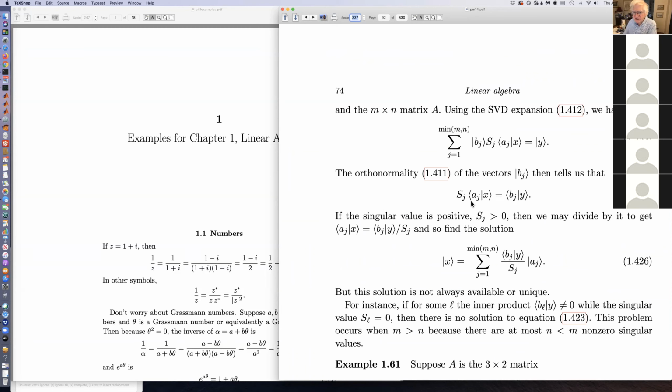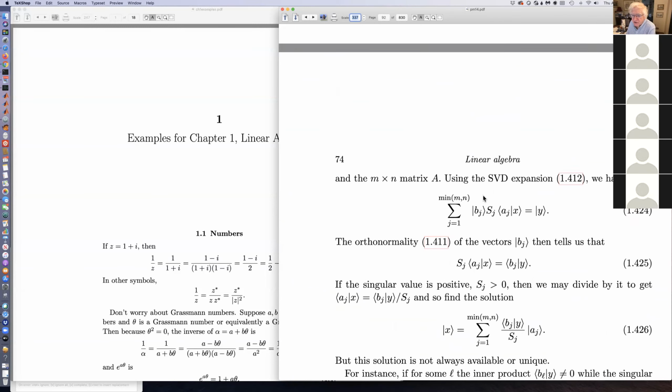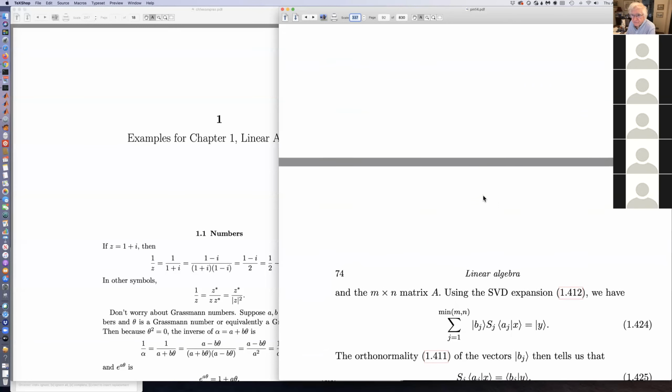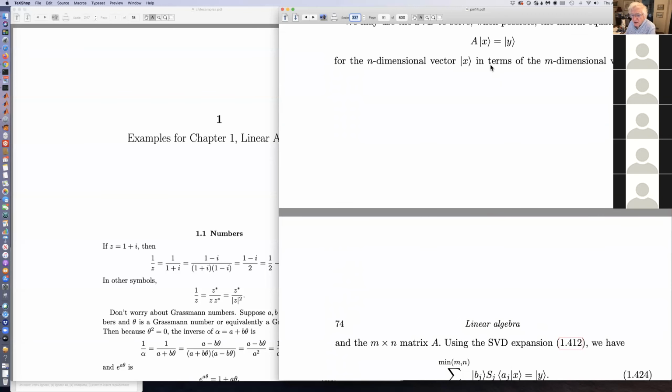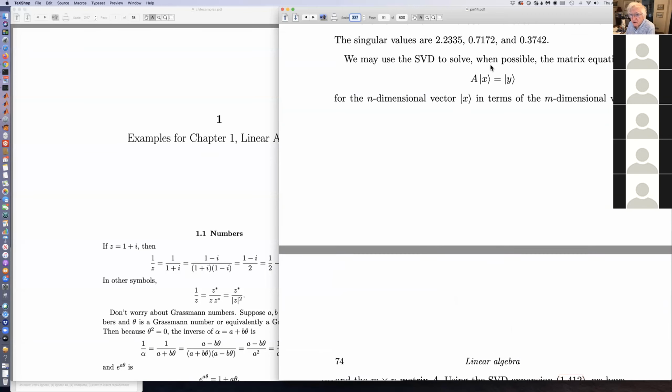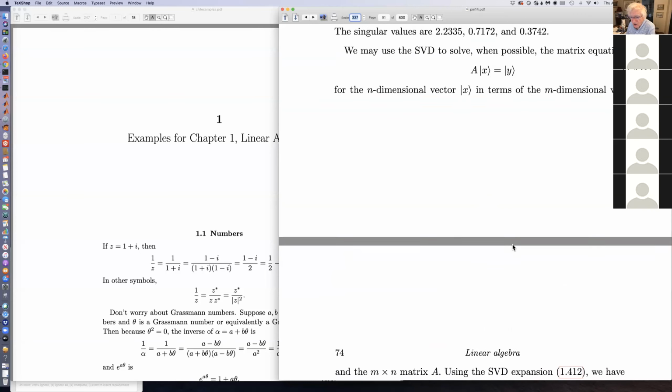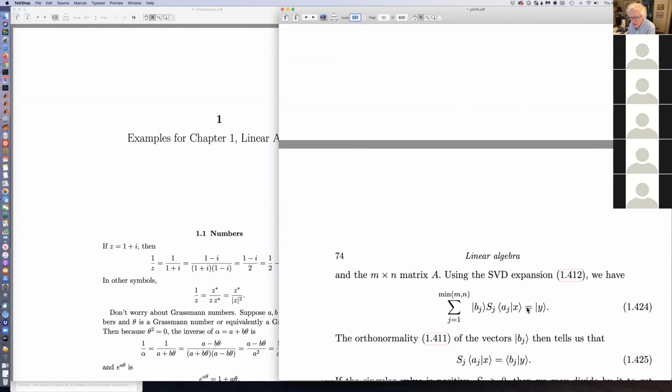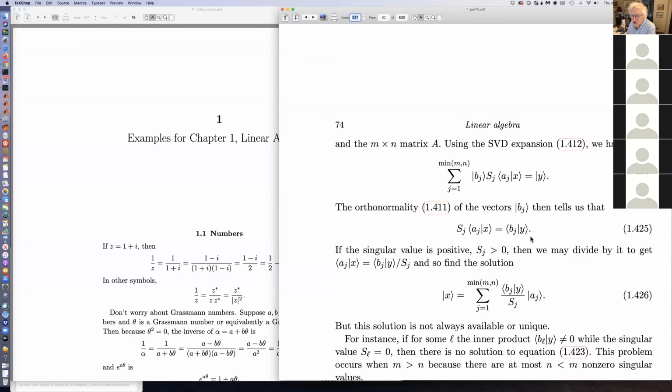Well, this tells us, as long as Sj is non-zero, what the solution is, because the original equation was Ax equals y, and so the unknowns are the inner products of Aj with x. Well, that is just the inner product of Bj with y.